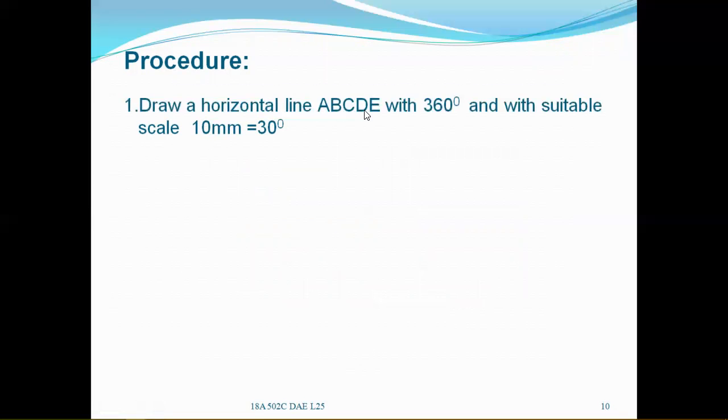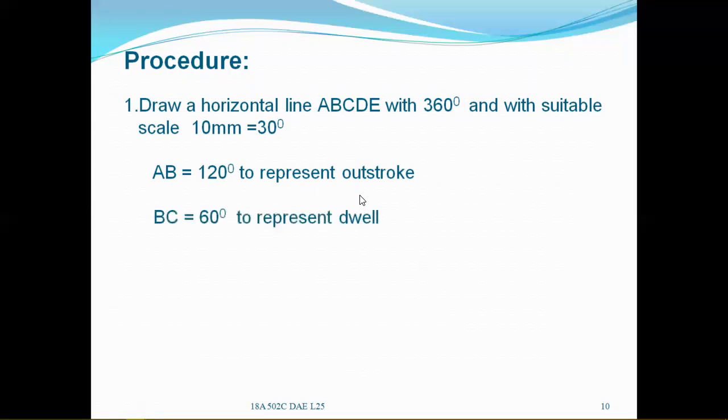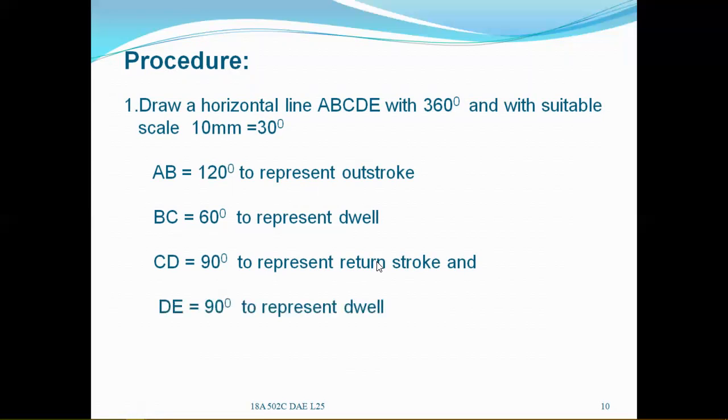Draw a horizontal line ABCDE with 360 degrees, and with a suitable scale 10 mm equal to 30 degrees. And AB is equal to 120 degrees to represent the outstroke, and BC represents 60 degrees to represent the dwell period, and CD equal to 90 degrees to represent the return stroke or instroke.